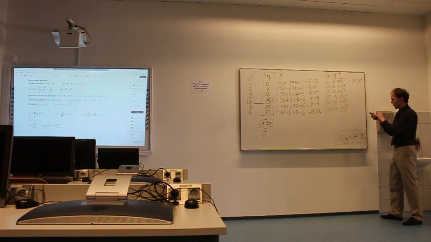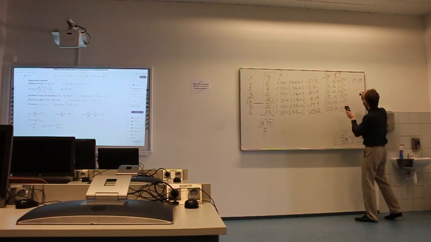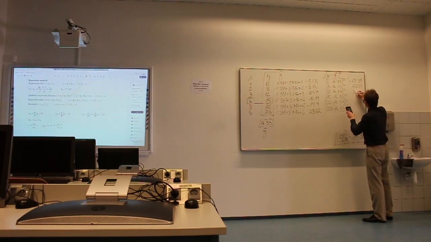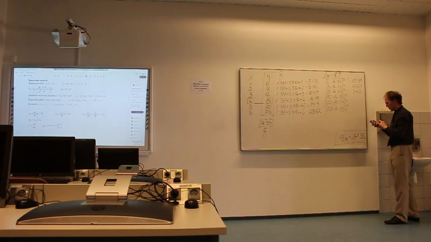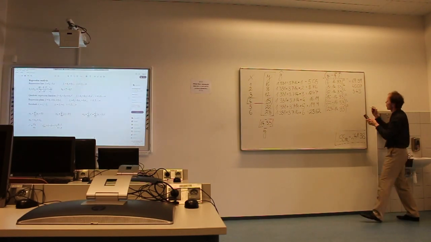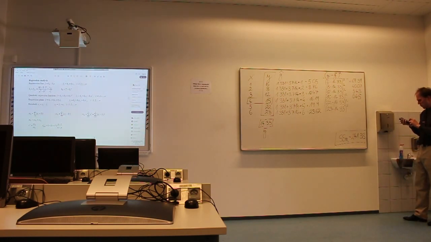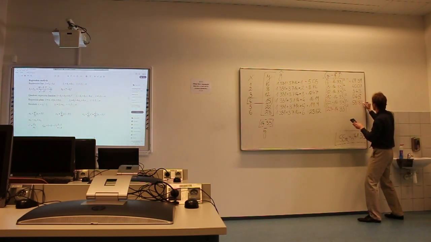69.39. We can continue. 8 minus 14.33 squared is 40.07. 12 minus 14.33 squared is 5.43. 15 minus 14.33 squared is 0.45. 22 minus 14.33 squared is 58.83.